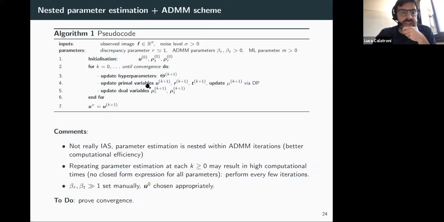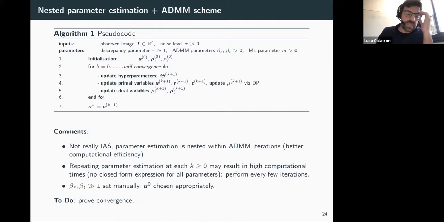Okay, so that's the whole pseudocode of our model. Let me point out that differently from what I've mentioned before, the update of the hyperparameters here is done inside the ADMM iterations and not as a separate optimization scheme. Why that? Well, the IIS algorithm I've described before does not have in general convergence guarantees in the case of non-convex modeling.